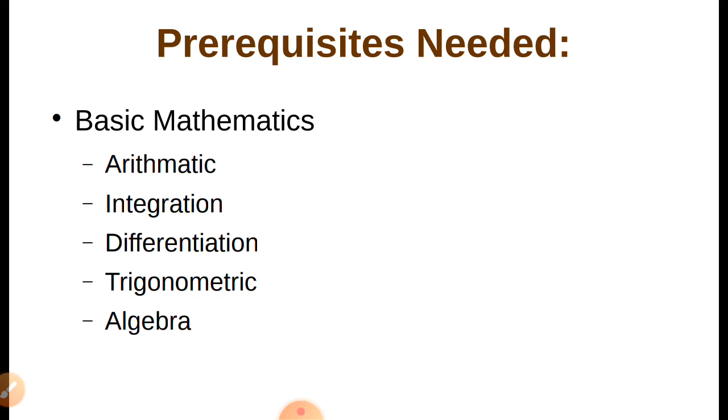Prerequisites means that before studying anything, we should have some basic knowledge. For this subject, you should have prior knowledge of basic mathematics like arithmetic, integration, differentiation, trigonometry and algebra.